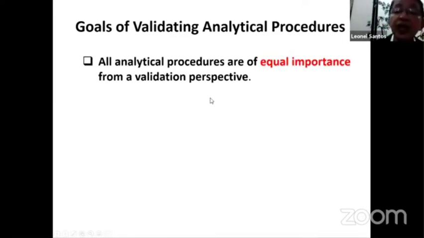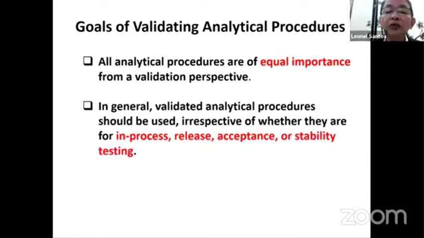Analytical procedures are of equal importance, meaning whether you are developing and validating a method for identification, for assay, or for organic impurities, all of these have equal importance because they are intended to perform a specific function.